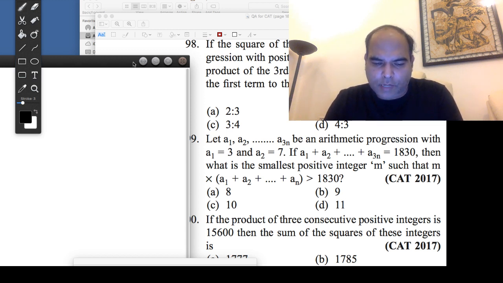So I want you to first try this question and think about this before I come up with the solutions for this. So it's both a session on facing number systems as well as on strategy for CAT, as well as solving questions on the CAT.